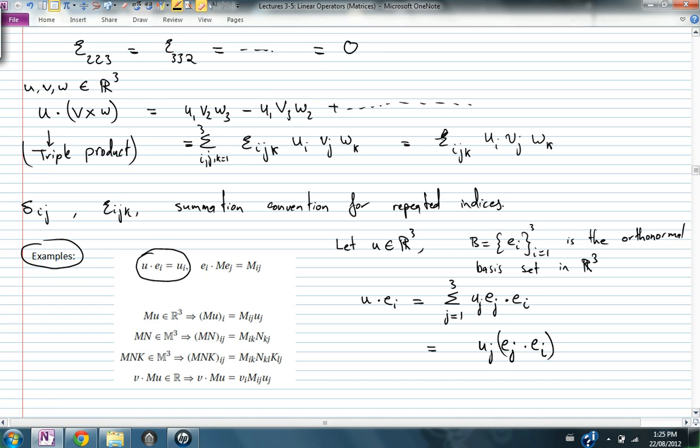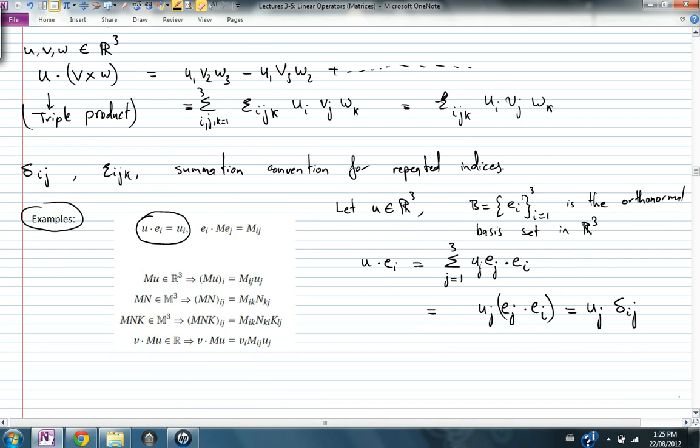But I know that e_j dot e_i is equal to the Kronecker delta, and the Kronecker delta tells me that this quantity will give me 1 only in the case when j is equal to i, which means this quantity will be non-zero only when j is equal to i, so this will give me u_i.